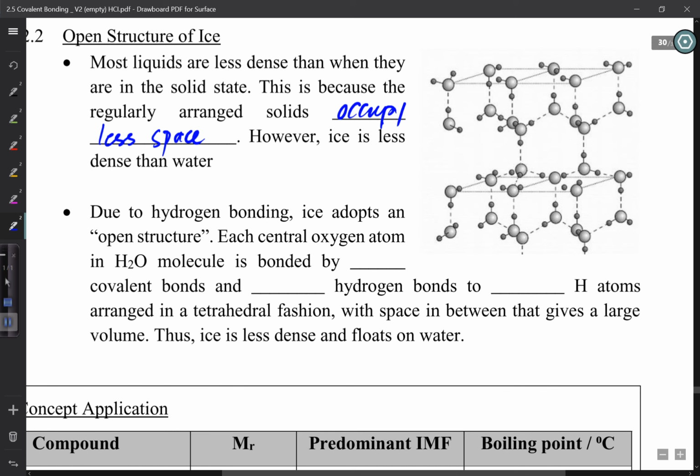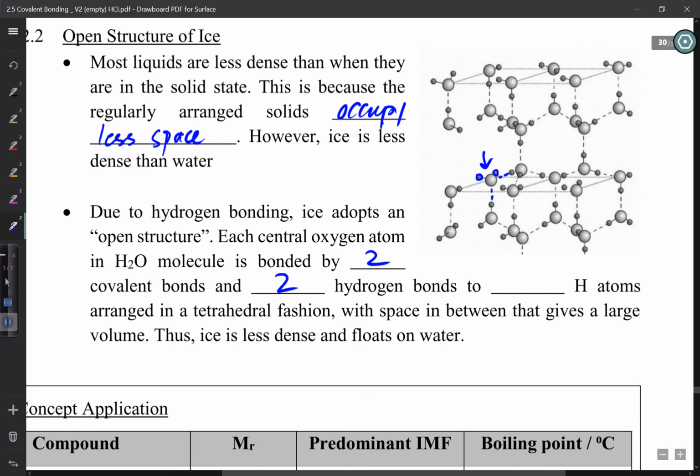Each central oxygen atom in H2O is bonded by 2 covalent bonds and 2 hydrogen bonds. It might be a bit hard to see, but for this molecule over here, the oxygen is bonded via 2 covalent bonds to 2 hydrogens, and then it's bonded by 2 hydrogen bonds to other hydrogens.